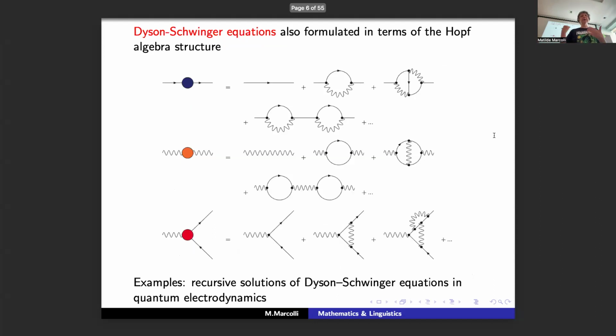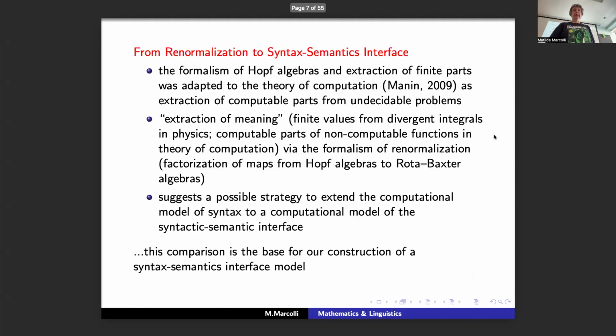And the other thing that I'll say a few more words about is this fixed point type problem, the combinatorial Dyson-Schwinger equations, for which we have seen an analog in the previous lectures.